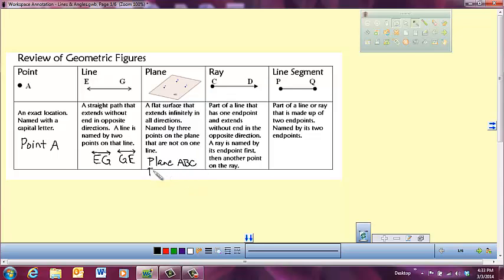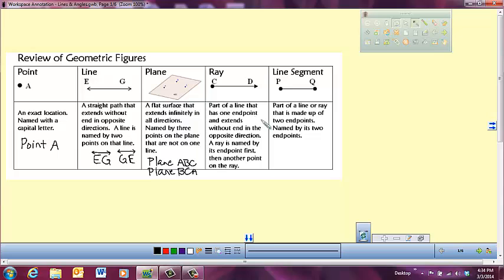Again, if you wanted to mix up the letters, you sure could. So you could call this BCA, or CBA, or CAB, or any of those, but there's no abbreviation for plane. If you can see in the picture, it says ABC in the corner. They're naming that plane. So a plane is just a flat surface.